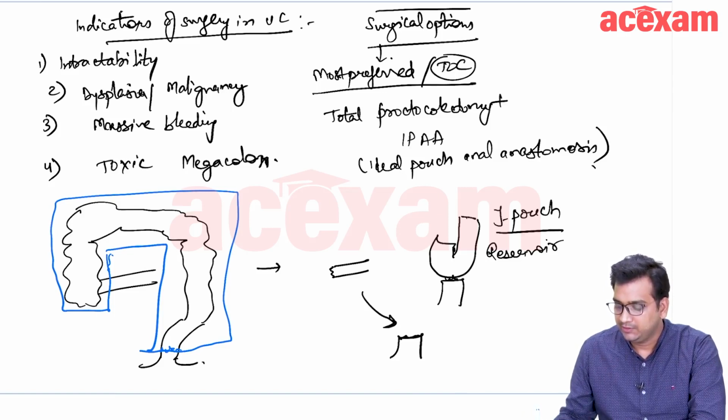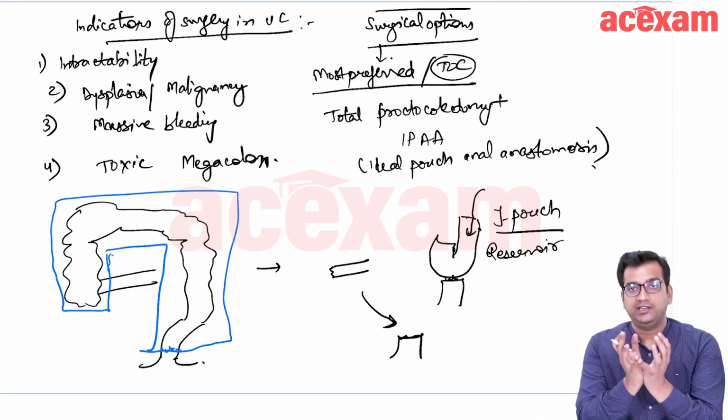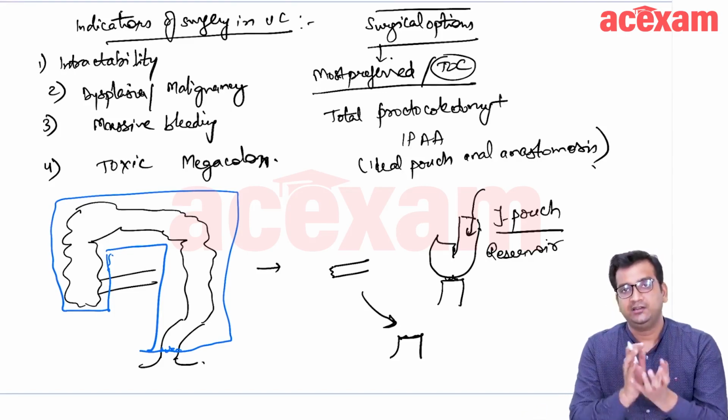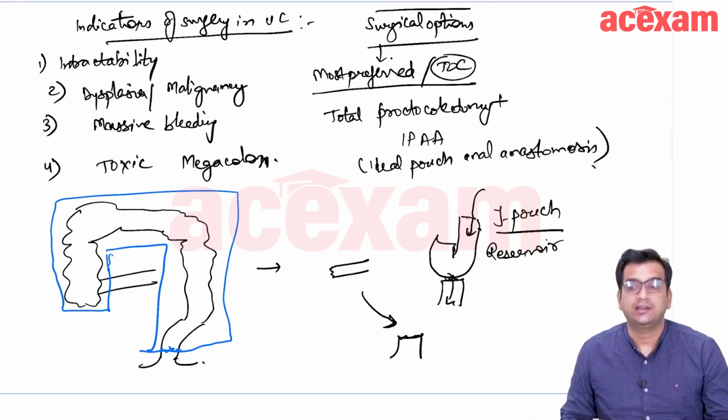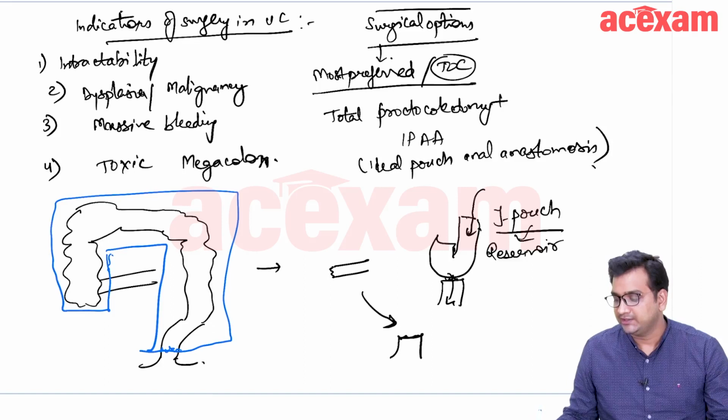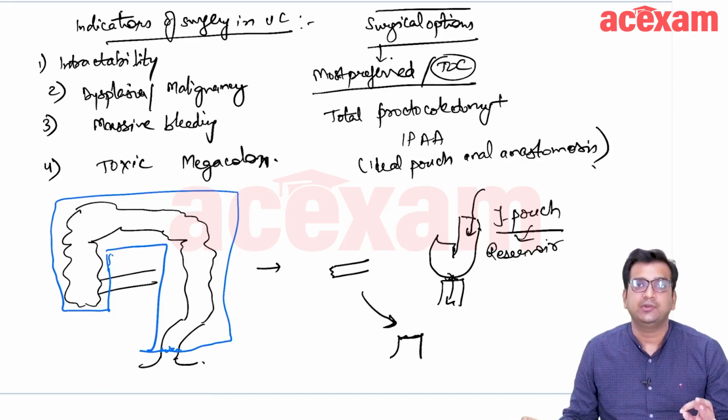So whatever amount of liquid is coming from the small intestine gets collected in the ileal pouch, and then it is released later on from the anal canal. So this J pouch acts as a reservoir in place of a rectum.